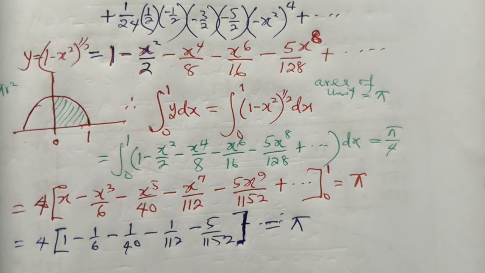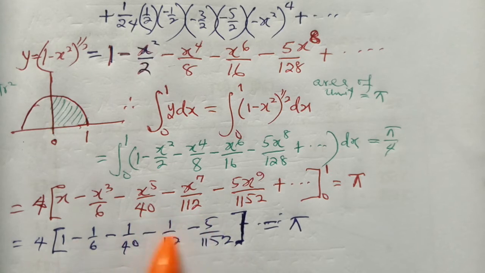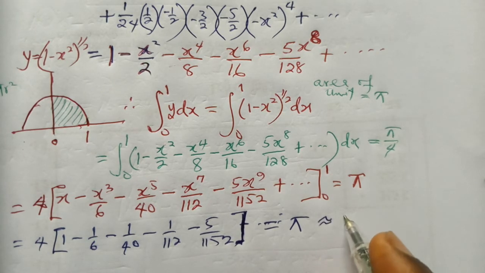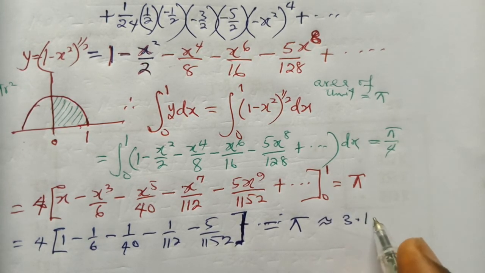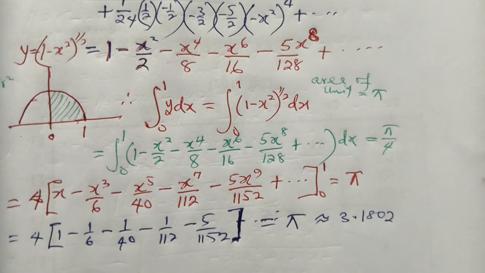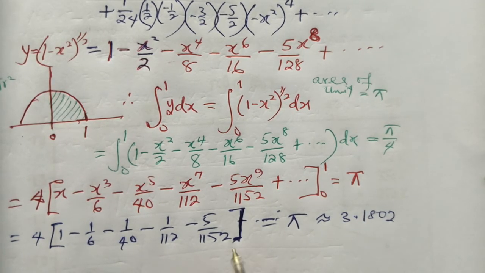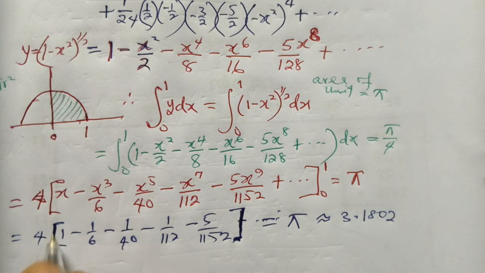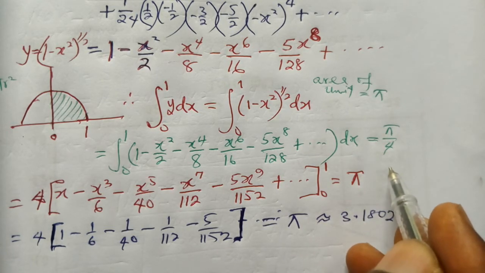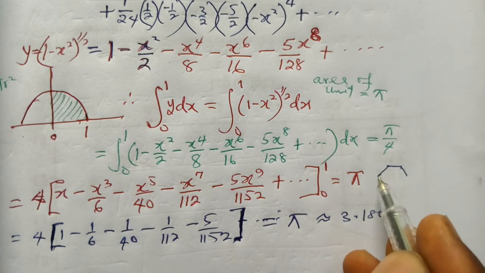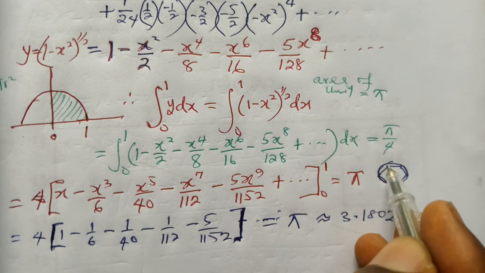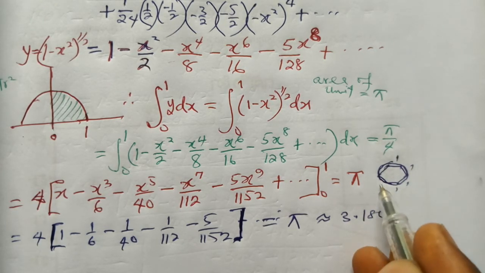So if we evaluate this thing in this square bracket and multiply by 4, we get approximately 3.1802. So this is what Newton did in order to calculate pi and to save us from the rigor of using hexagons, or polygons if you like, because people were using, for instance, a hexagon inscribed in a circle with sides 1, 1, 1, 1, 1, 1.